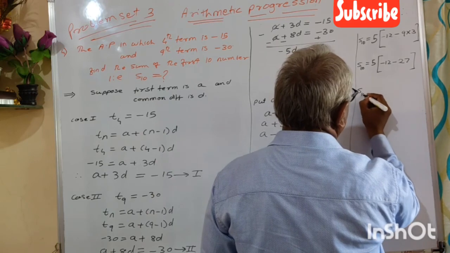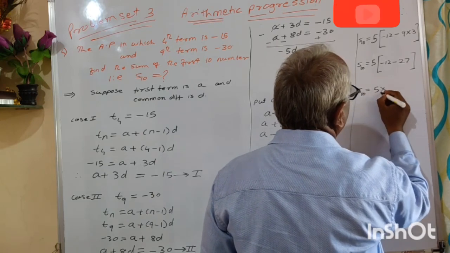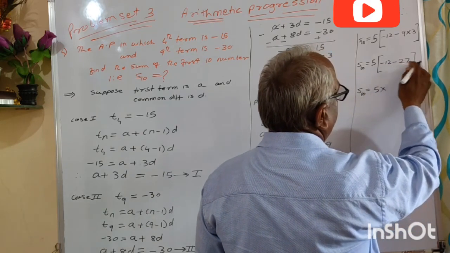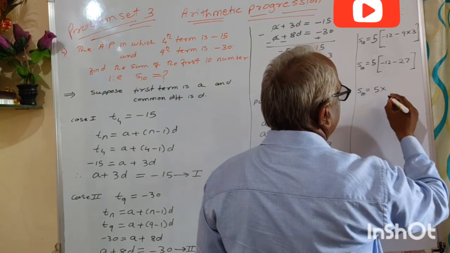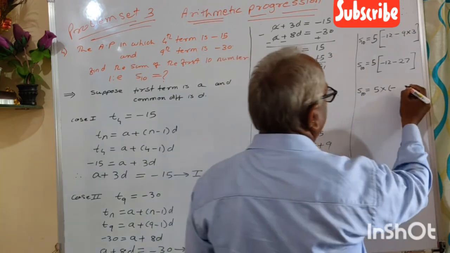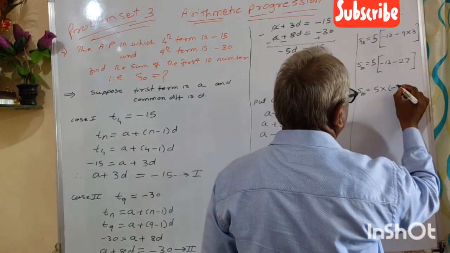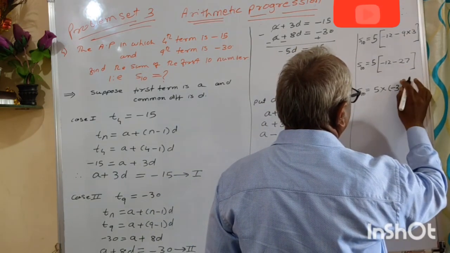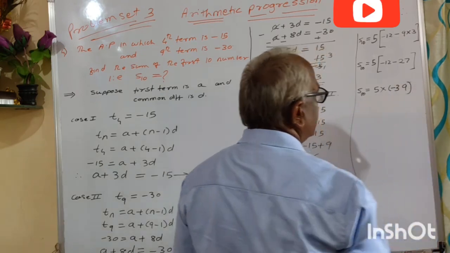So S10 is equal to 5 into minus 12 minus 27, that is added but keep the negative sign as it is, 7 and 2 is 9, 1 and 3, that is minus 39.